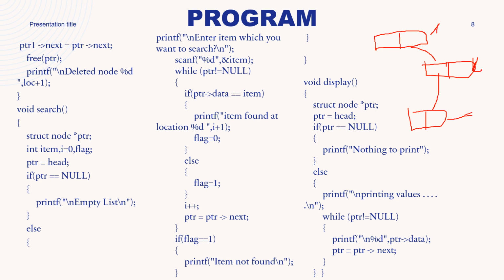After assigning the pointers properly, the next pointer of the previous node will point to the next node of that location, and after that we simply delete that node. In this way we have done the removal at the particular location.